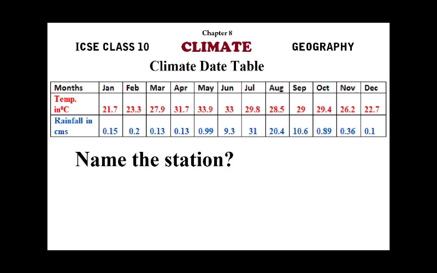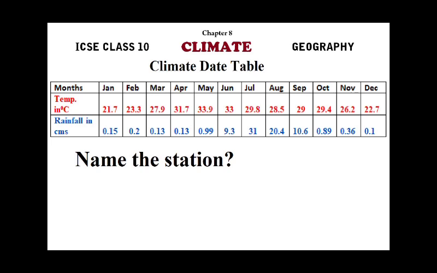Now, which are the major cities or stations that are located in the west coast of South India? An example which is in the textbook is Kozhikode, but this is not Calicut or Kozhikode, because Kozhikode, being located in Kerala, receives a little more rainfall than this station during retreat monsoon as well as northeast monsoon.